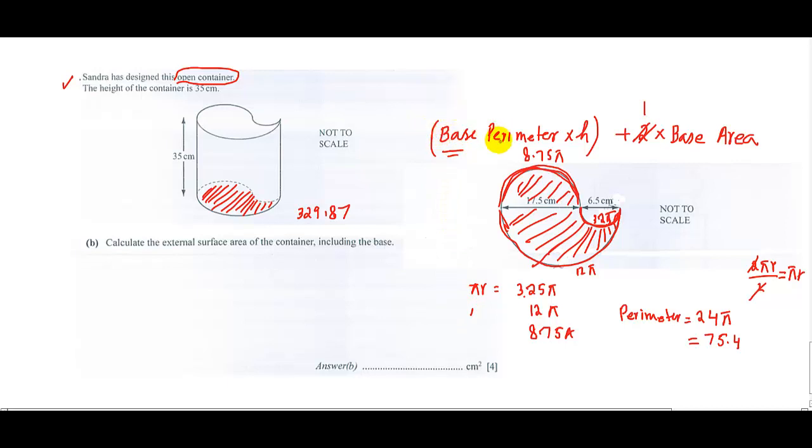So here the base perimeter is 75.4, and the height of the prism is 35, so 75.4 times 35, plus 1 times base area, because it is open from the top. So the base area is 329.87. So let's do the calculation.